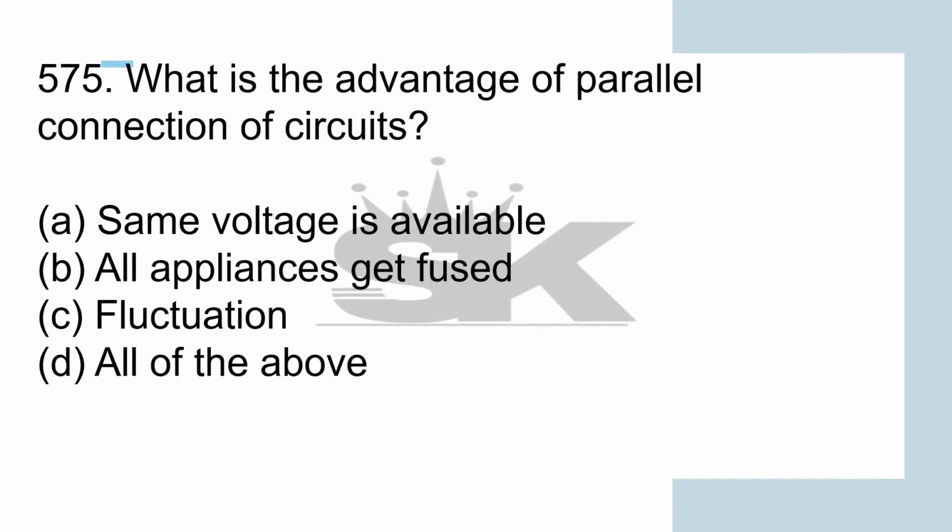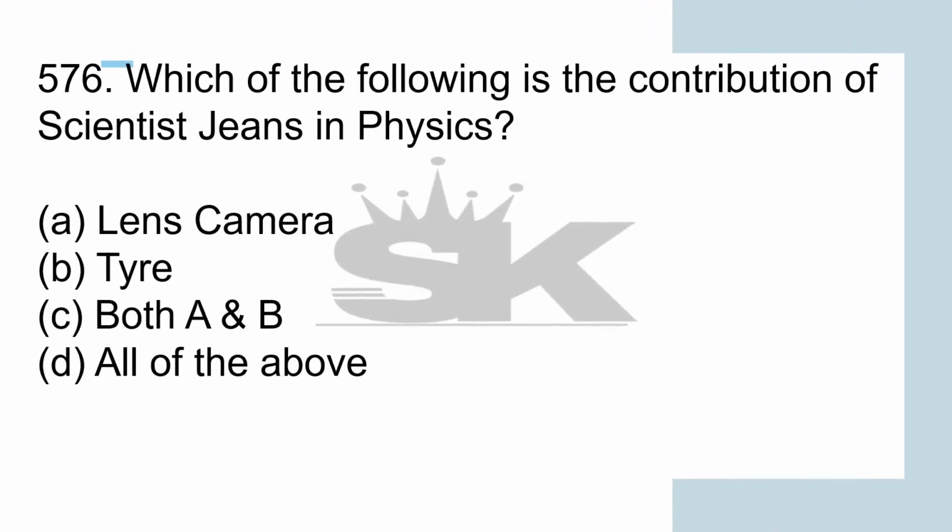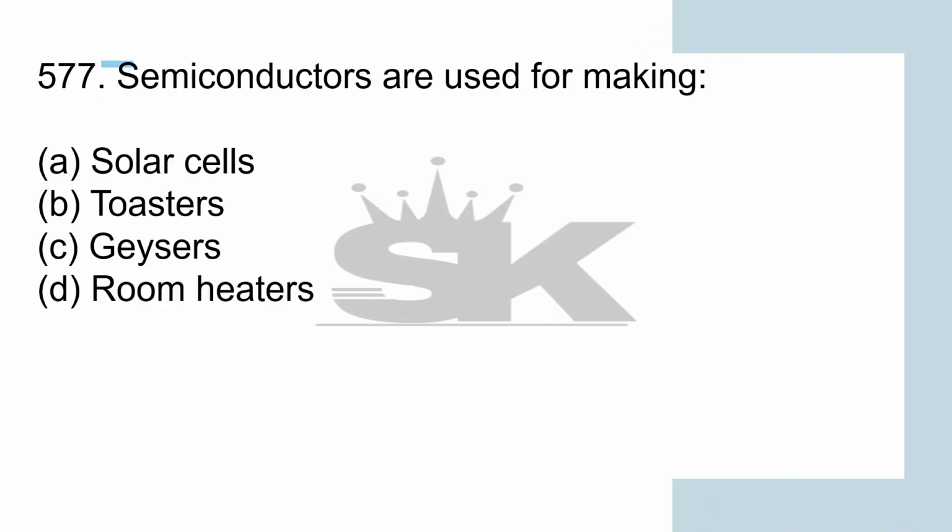What is the advantage of parallel connection of a circuit? The answer is that the same voltage is available. Which of the following is the contribution of scientist Lenz in physics? That is Lenz's law.